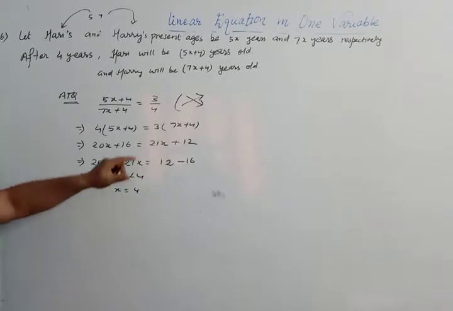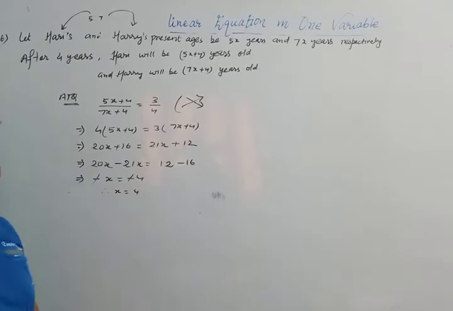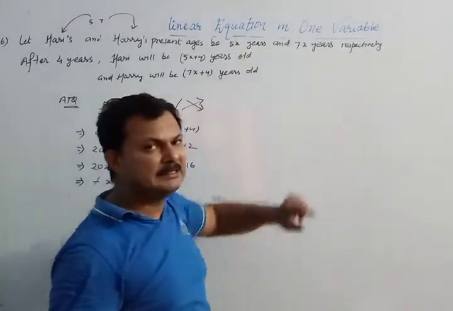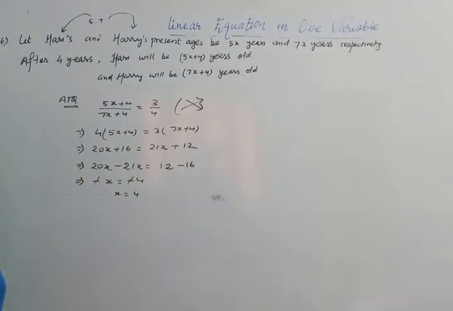The x is common in both, because here x is written and here x is written, but we have to find their present ages.